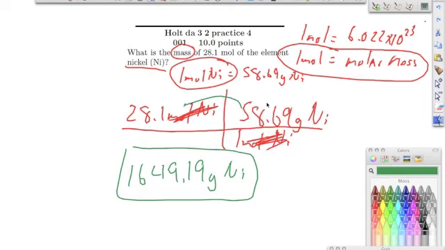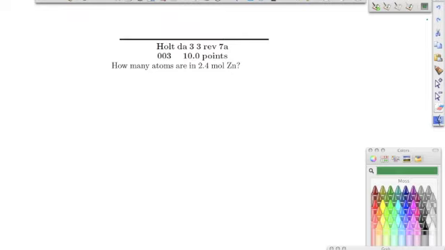Okay, moving on to number 3, it says how many atoms are in 2.4 moles of zinc. Now, anytime it says atoms, we know that we are dealing with a conversion factor of 1 mole of anything, in this case zinc, will equal 6.02 times 10 to the 23rd atoms. And this is Avogadro's number, and this is our conversion factor we're going to use.